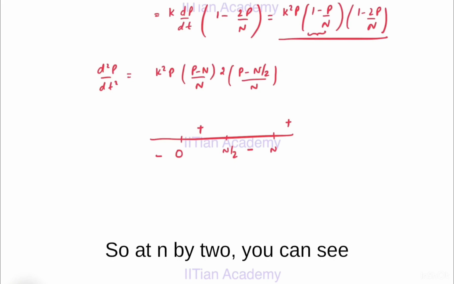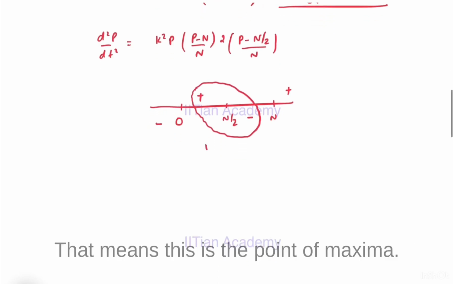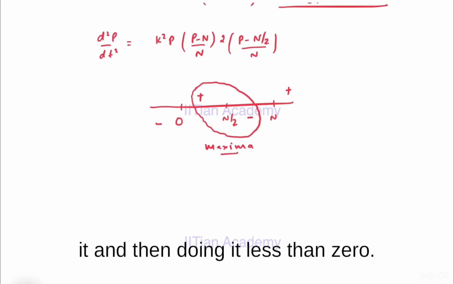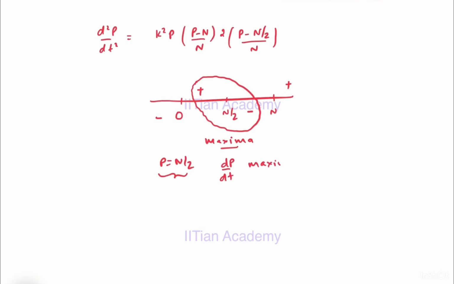So at N by 2 you can see the sign is changing from positive to negative. That means this is the point of maxima, or you can further check it by further differentiating it and checking that it is less than 0. So at P equals N by 2, the dP by dt is maximum.